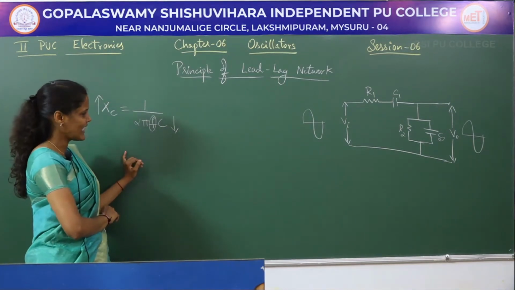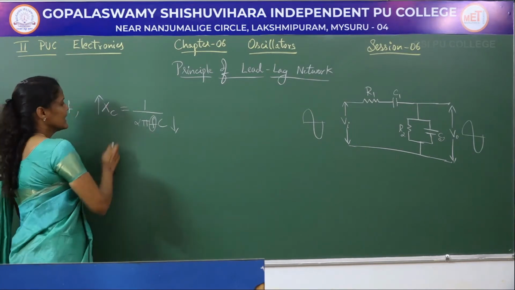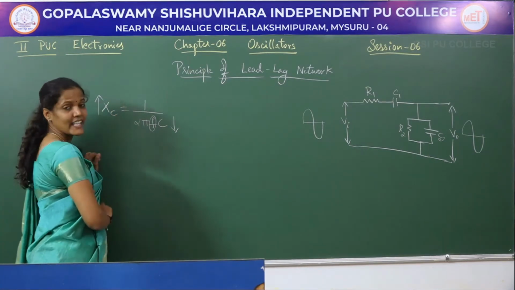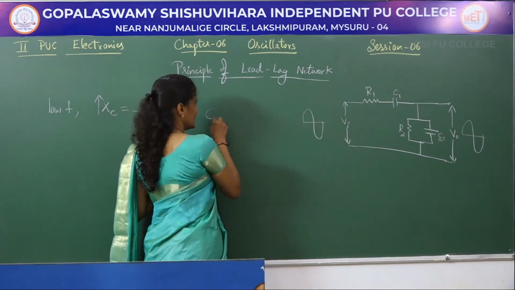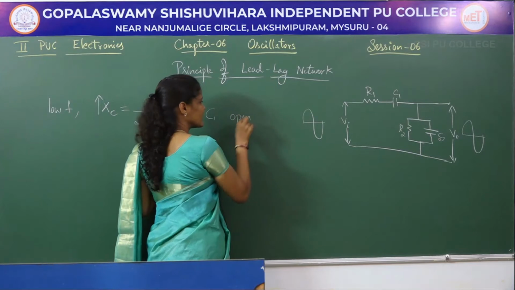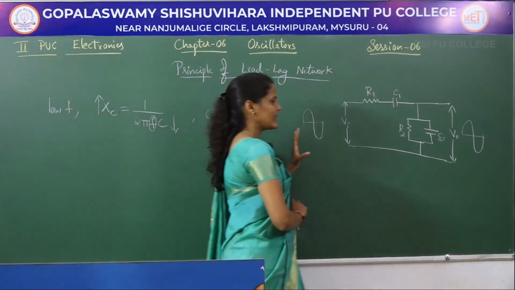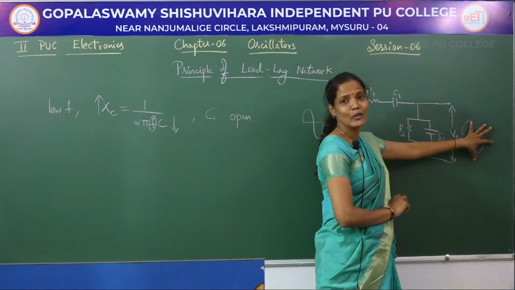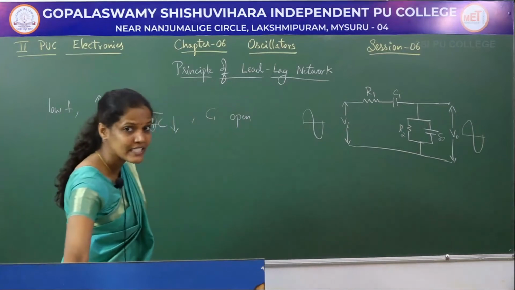When the capacitive reactance is high, this series capacitor C1 will act like an open circuit. When C1 acts like an open circuit, there will be no output signal obtained because the circuit is disconnected.